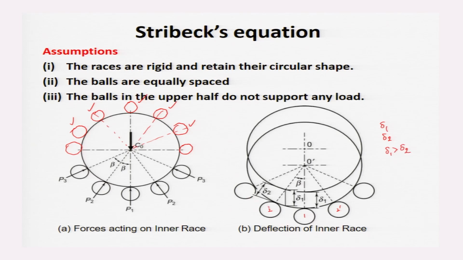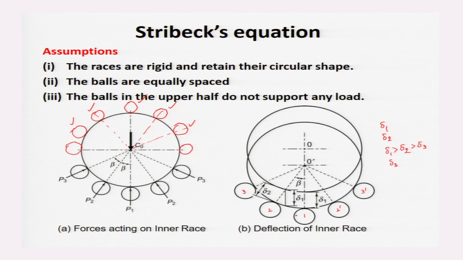Similarly, adjacent to the ball 2 are ball 3 and 3 dash, and the deformation in ball 3 and 3 dash is delta 3, and it is again clear that delta 2 will be greater than delta 3, because ball 1 is the heavily stressed ball and it is directly coming under the load.